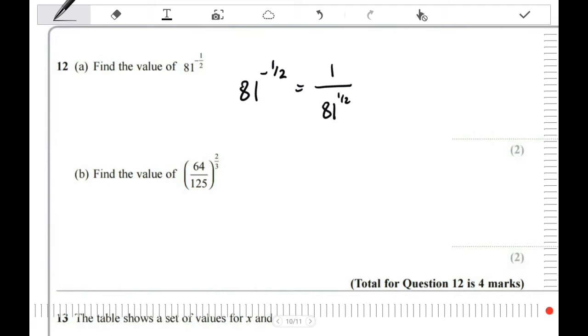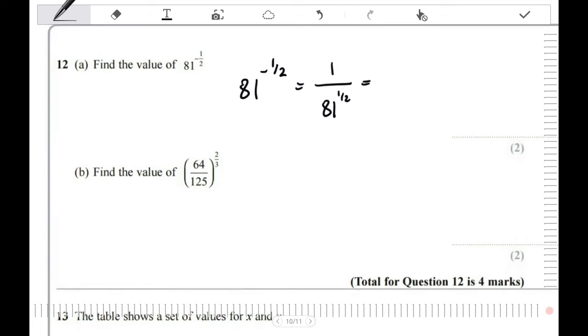In this case, it's a half. And then the half is square root. So anything to the power of a half is the same as square rooting that number, in which case it's 1/9.